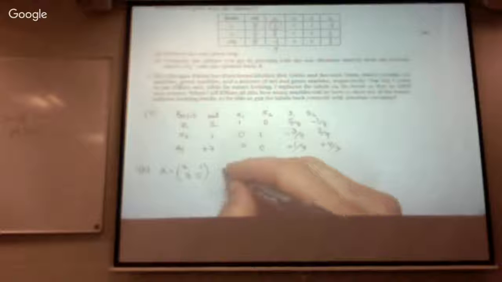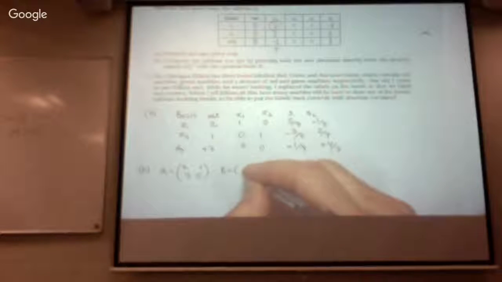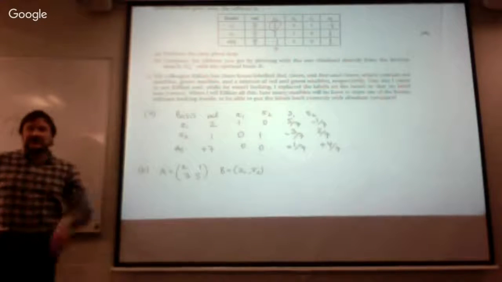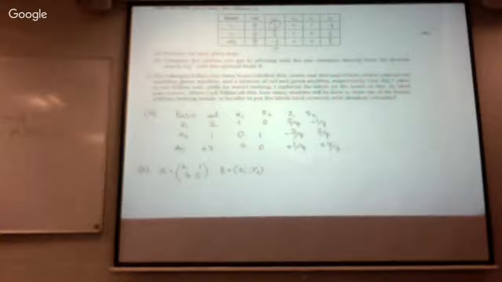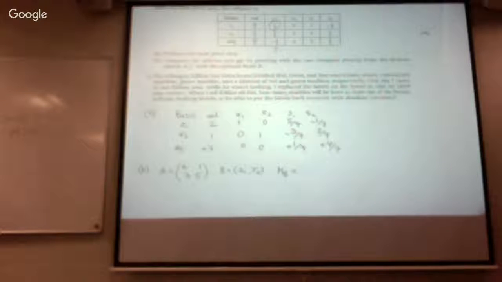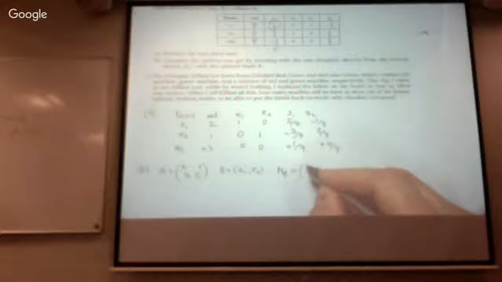Now, when your basis is x1 and x2, which is the basis that we got here, then the matrix MB that we called it last week is equal to A, so it's 2, 1, 3, 5.